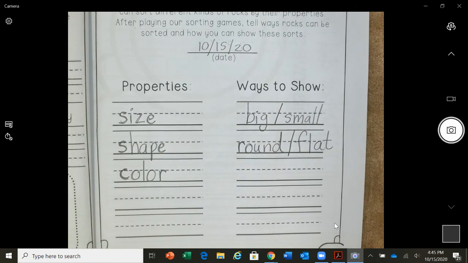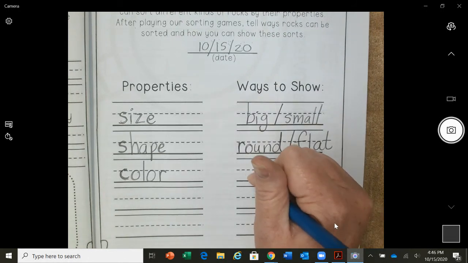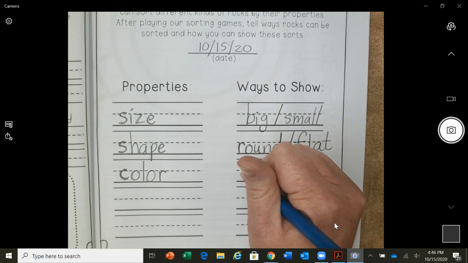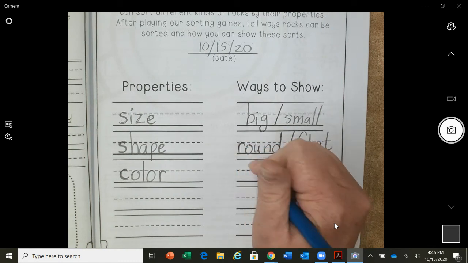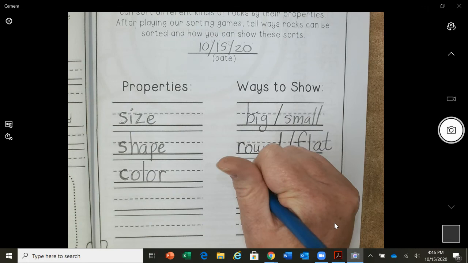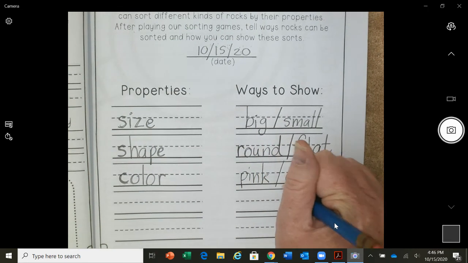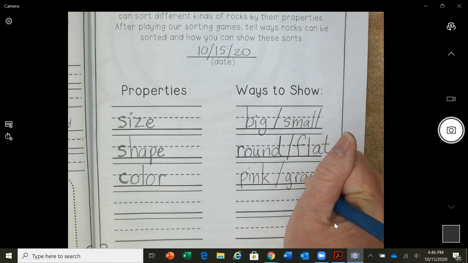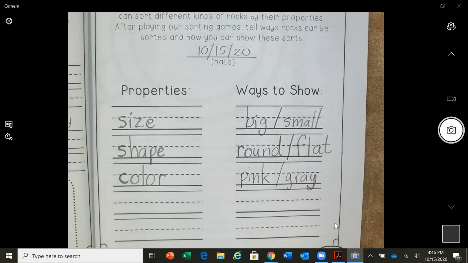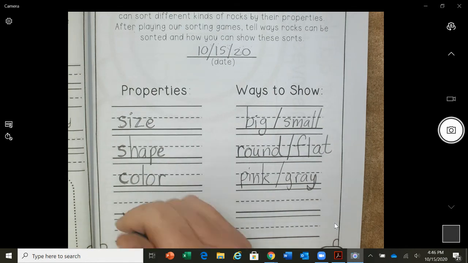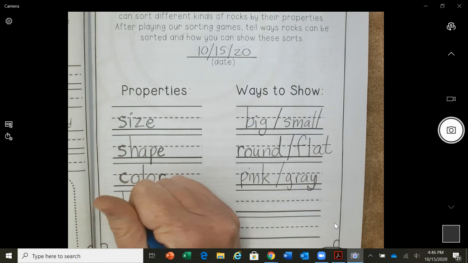Okay, we sorted by color, and the way that we did it was I did pink and gray. That's the way I sorted my rocks. Your rocks might not be pink and gray, so you could say how maybe you would sort your rocks by color.